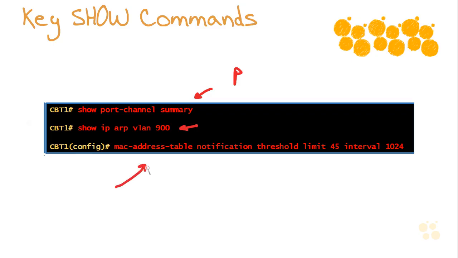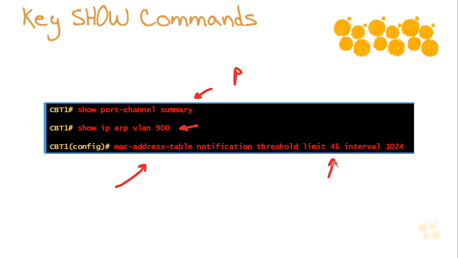One you might not be familiar with, and I think you're really going to enjoy this, is MAC address table notification threshold limit 45 and then a particular interval.